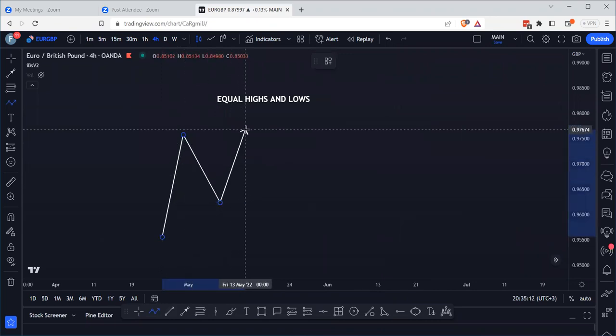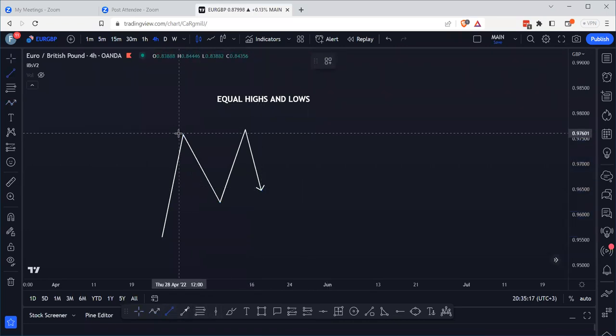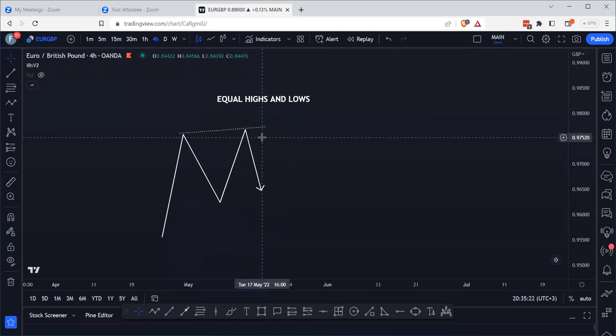This is an equal high, equal low, and this usually would happen at an area of resistance or an area of support.